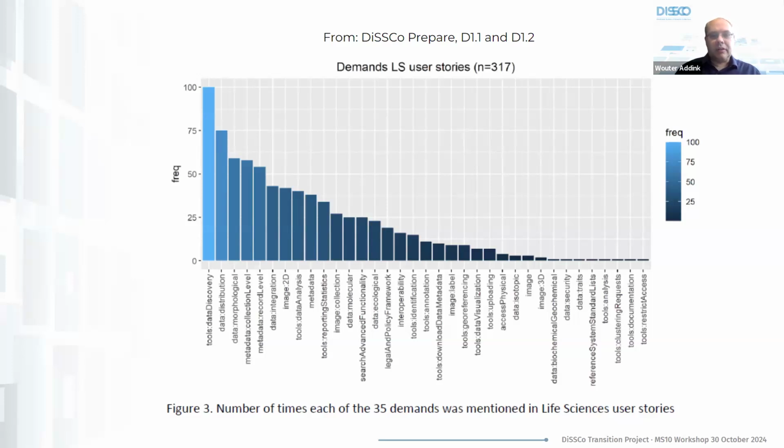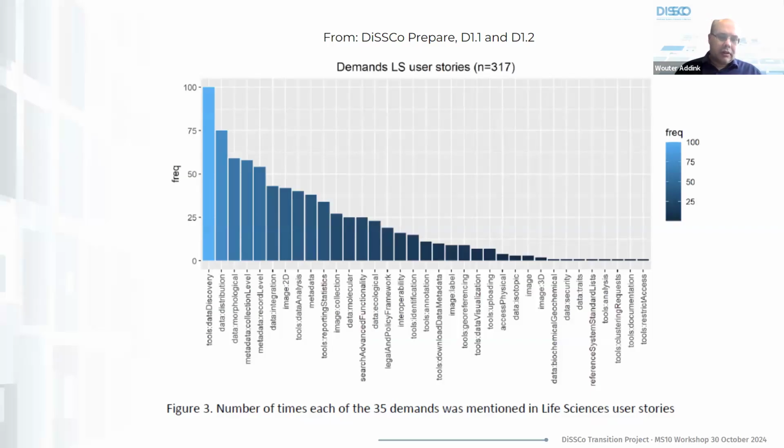I have to say that these user stories were collected DiSSCo-wide, so they are not only things that are in scope of the core infrastructure that we are discussing today, which focuses on the specimen information. They also include needs for other DiSSCo services, for instance information on a collection level, tools for visualization of data, and other things.